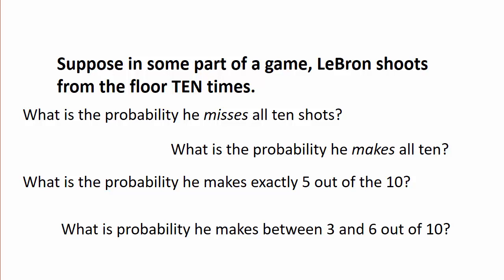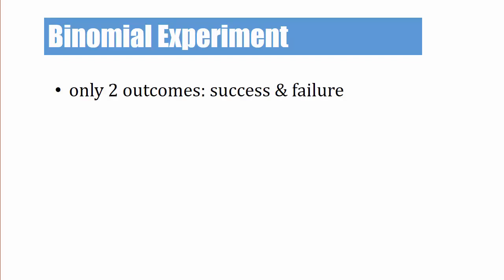The situation that we're talking about is an example of a binomial experiment. The conditions for a binomial experiment are these. The experiment results in one of only two outcomes, either success or failure.